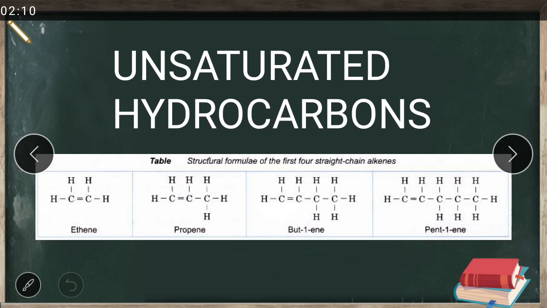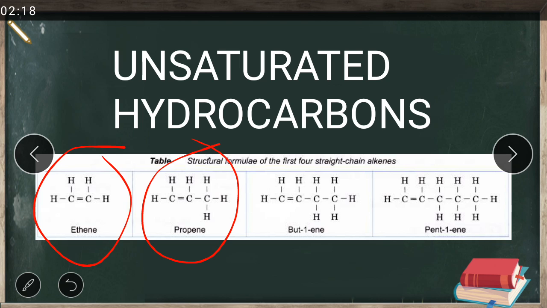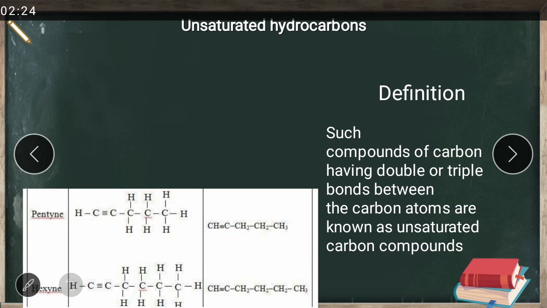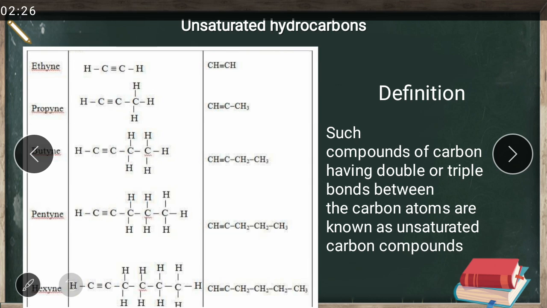Now see, these are also examples of unsaturated hydrocarbons. Its name is ethene, its name is propene. Here you can see a double bond exists, and here also a double bond. So such compounds of carbon having double or triple bonds between the carbon atoms are known as unsaturated carbon compounds or unsaturated hydrocarbons.